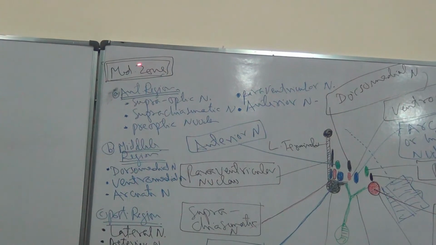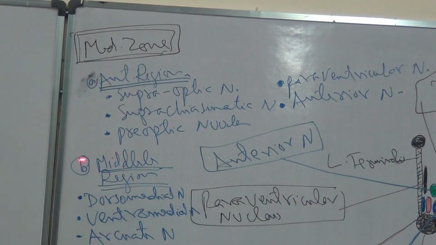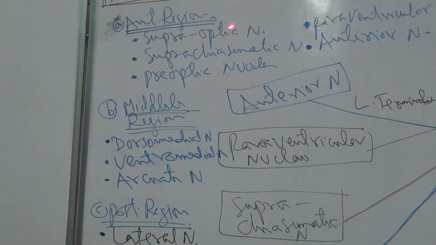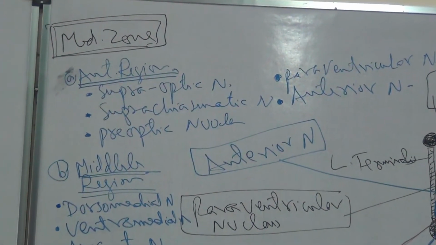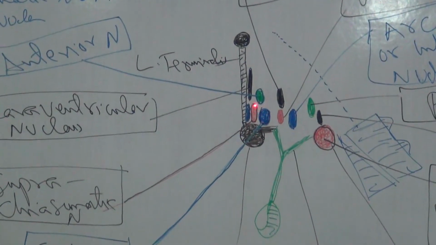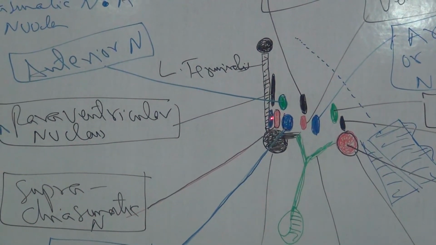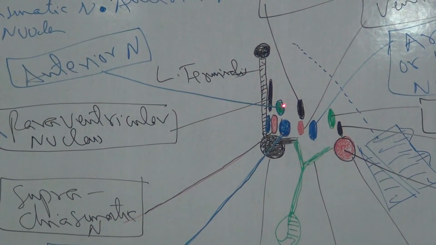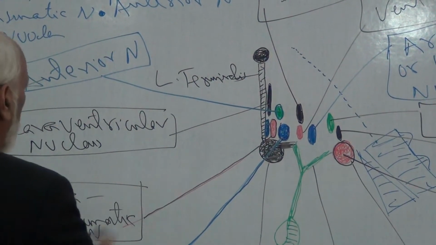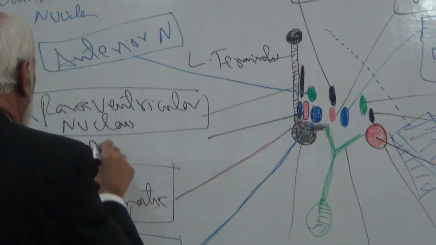The medial zone hypothalamic nuclei are further divided into nuclei in the anterior region, in the middle region, and in the posterior region. In the anterior region, we have the supraoptic nucleus, suprachiasmatic nucleus, preoptic nucleus, anterior nucleus, and paraventricular nucleus.